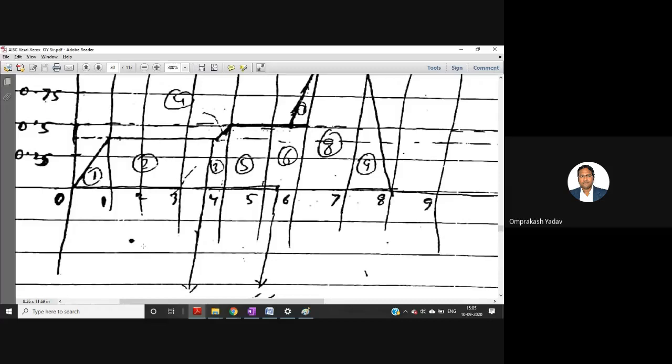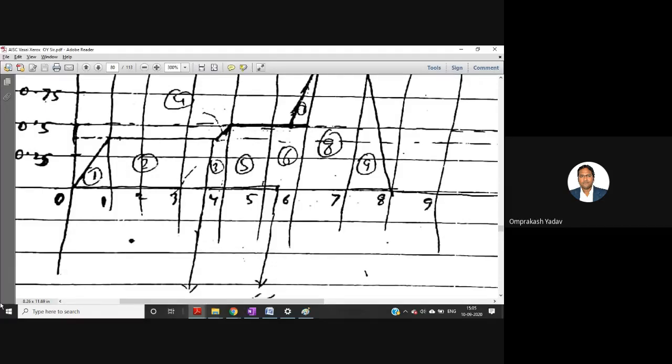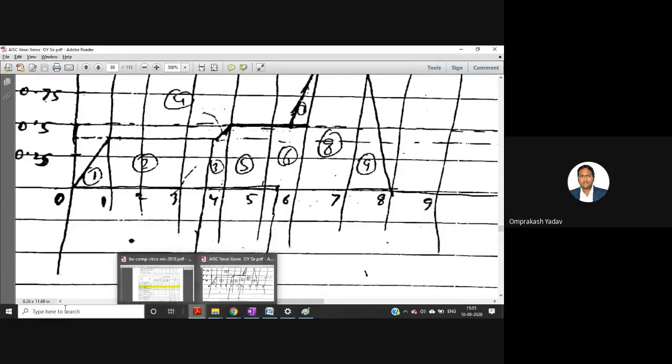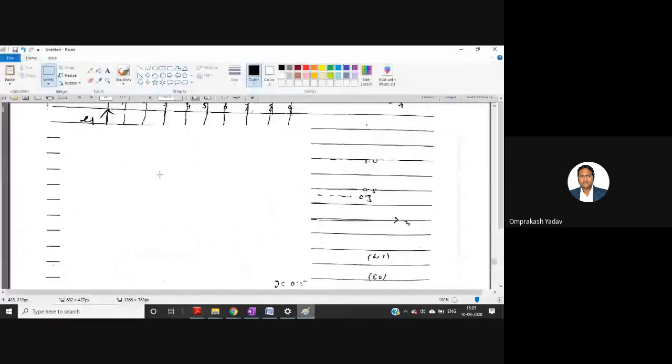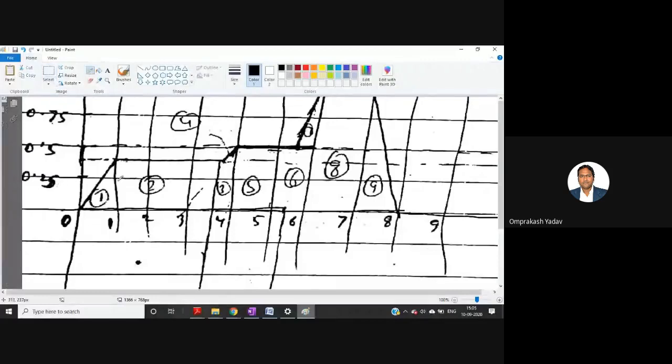Okay, so what I can do, just a minute. Okay, just see here, this rectangle, I want to find the second figure.